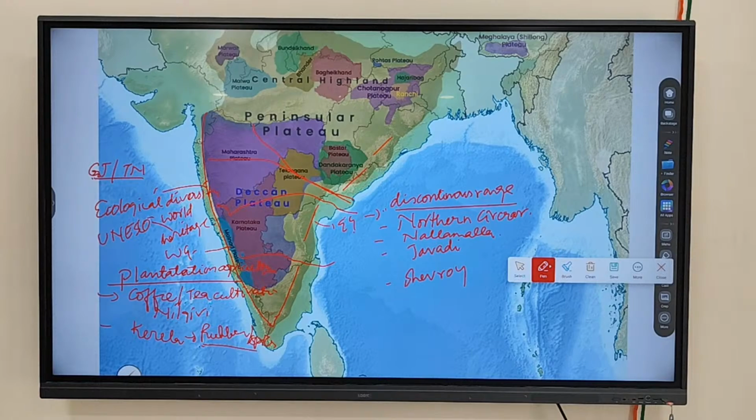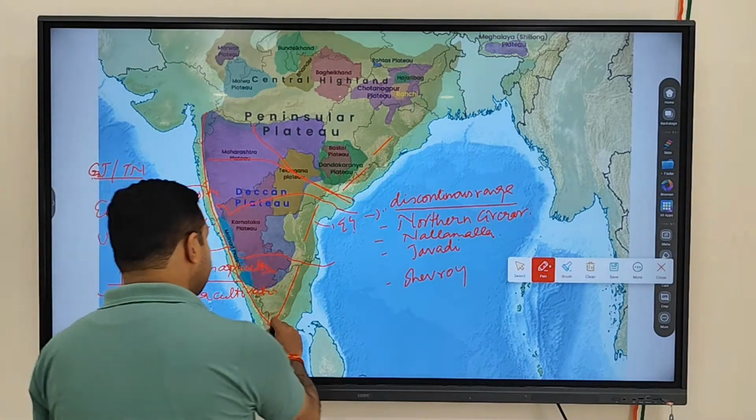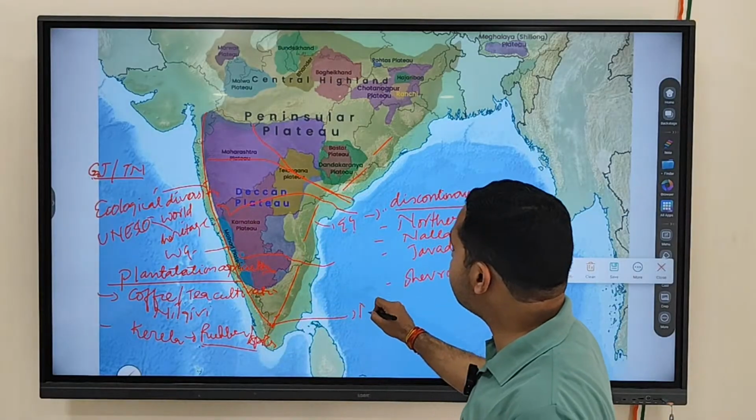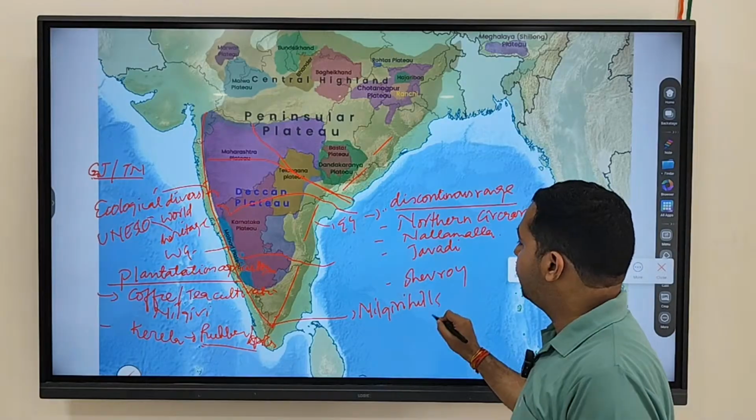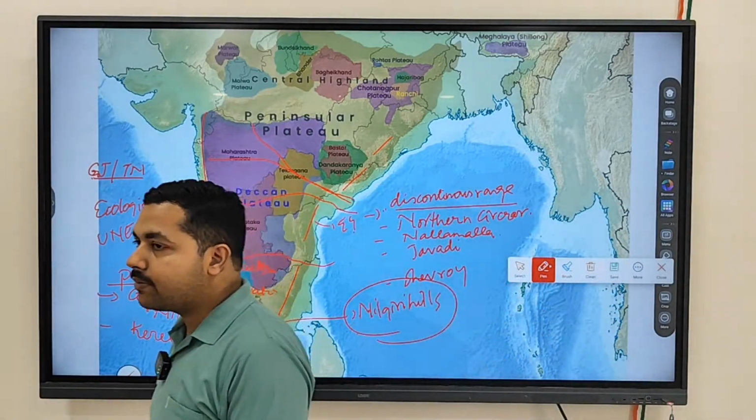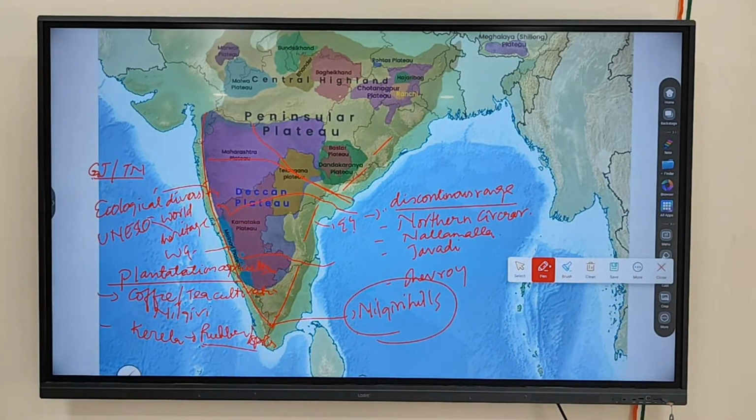Fine. Now, Eastern Ghat and Western Ghat are meeting in Tamil Nadu, and this region is referred to as Nilgiri Hills. Fine. These are very well known for what?